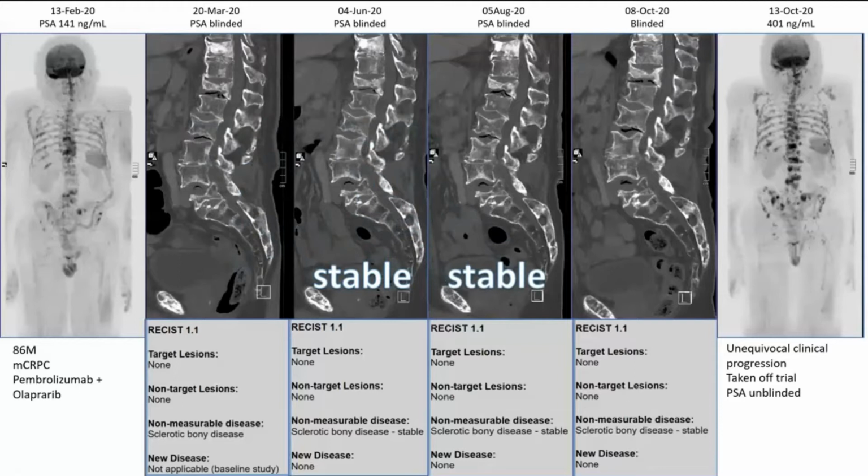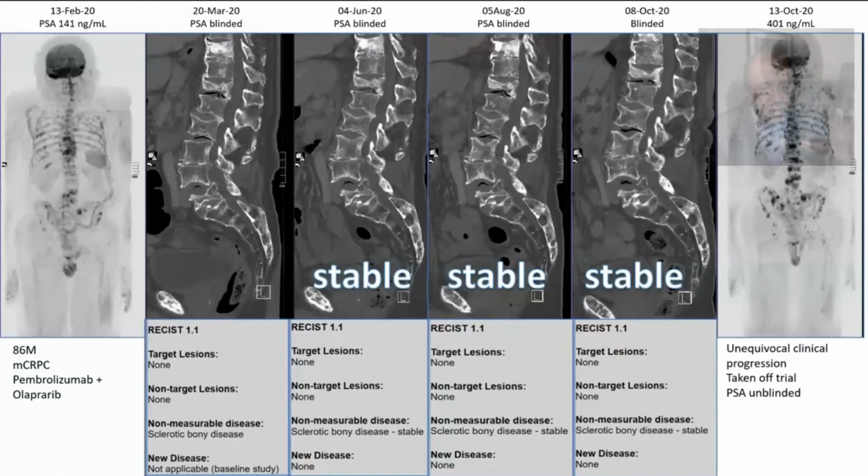He is clinically progressing and was taken off the clinical trial, at which point the PSA level was revealed, and you can see the PSA level had gone up, and his whole body MRI scan shows that he's getting worse. But on the radiographic imaging, this patient was stable.